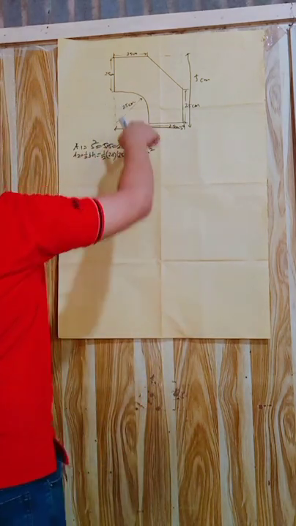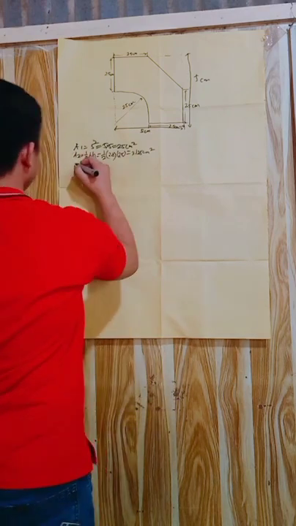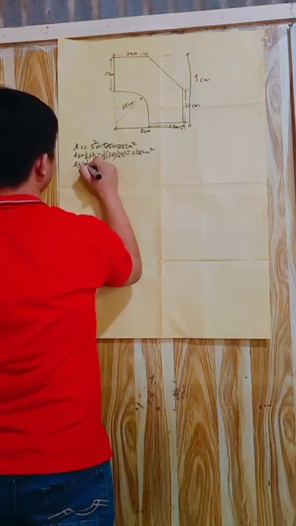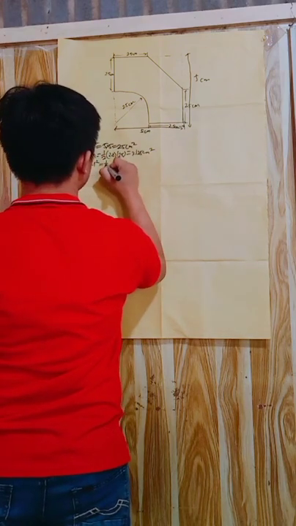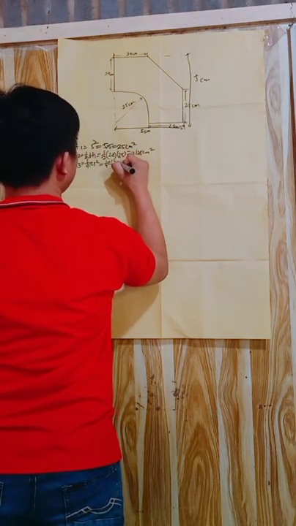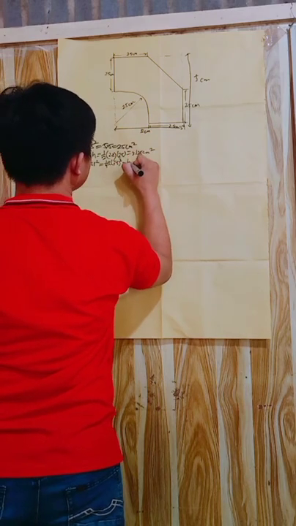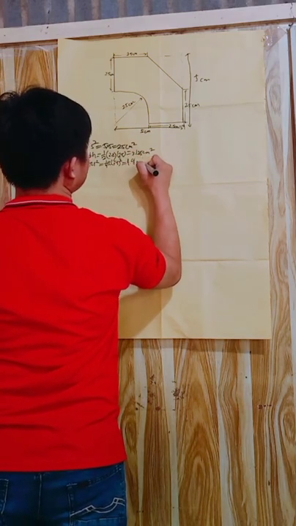Then the area 3, a quarter of a circle. The area of a quarter of a circle is just 1/4 pi r squared. So 1/4 pi times 2.5 squared is equal to 4.91 centimeters squared, right?